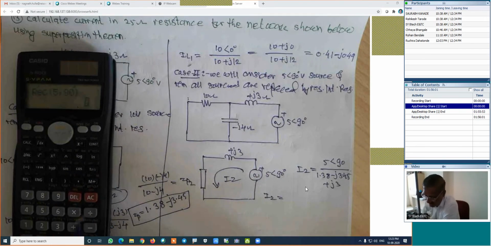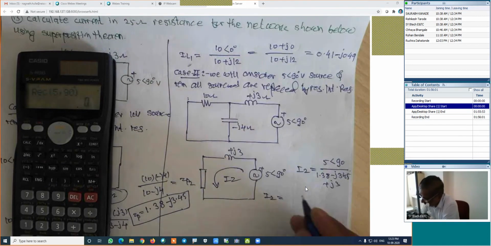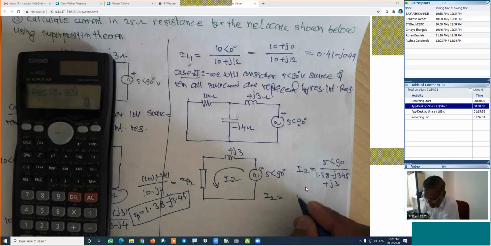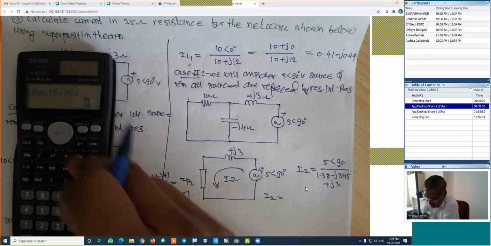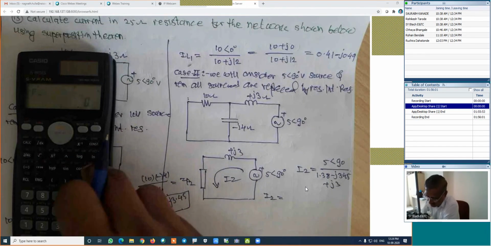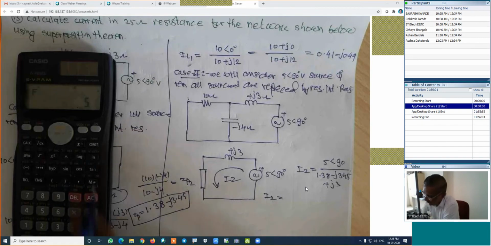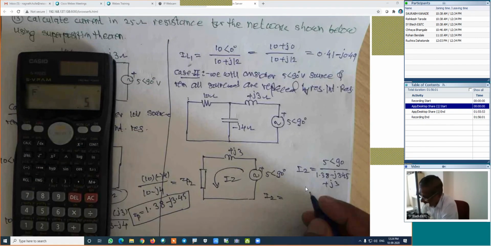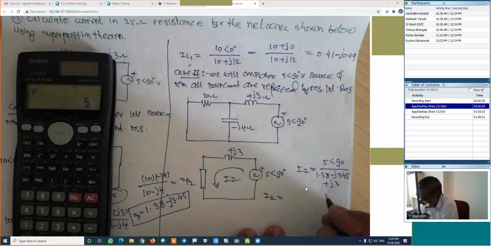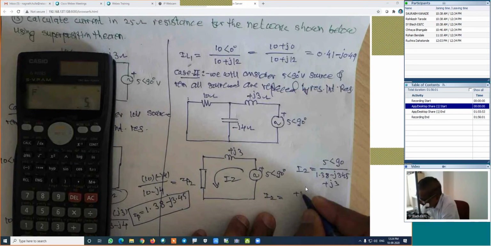Close the bracket, put the equal sign. That will give the real part of this number, which is 0, and then alpha 10 is equal to 5, with 5i or j5. Means it is plus j5.